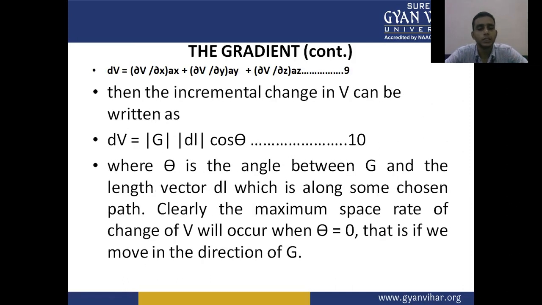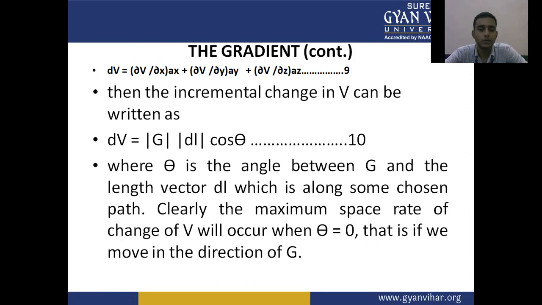So the differential change dV is equal to mod of G mod of dl cos theta, where theta is the angle between G and the incremental length dl.